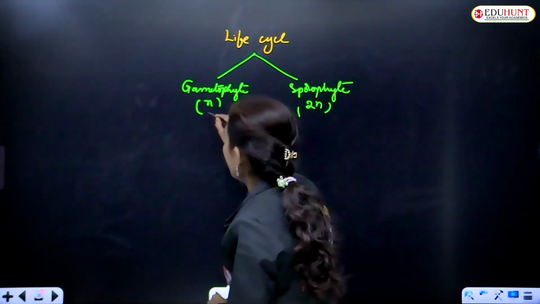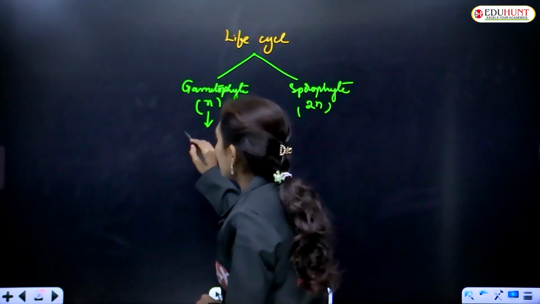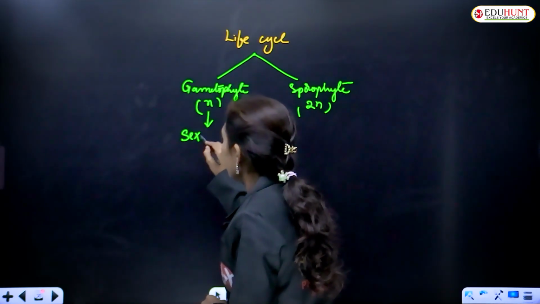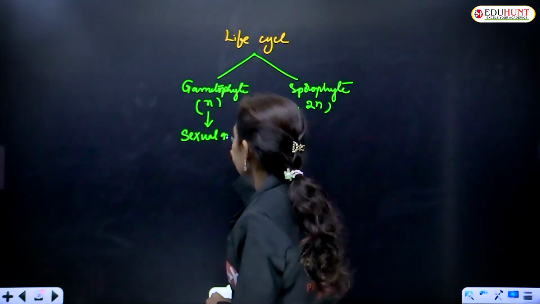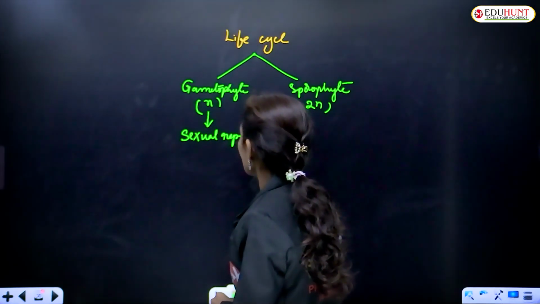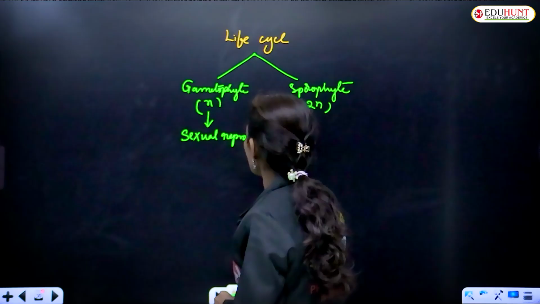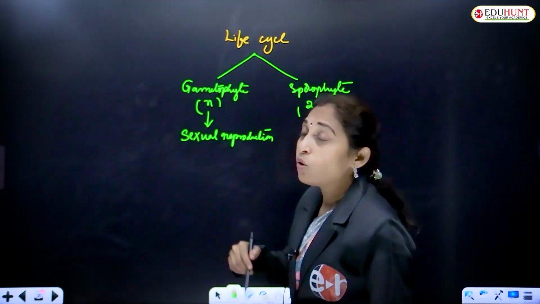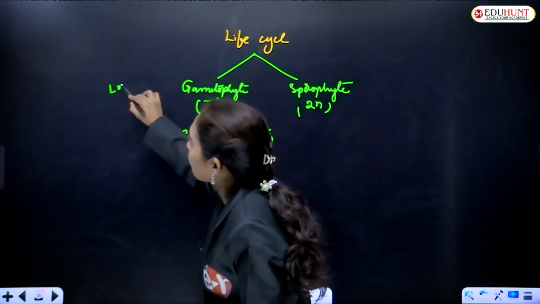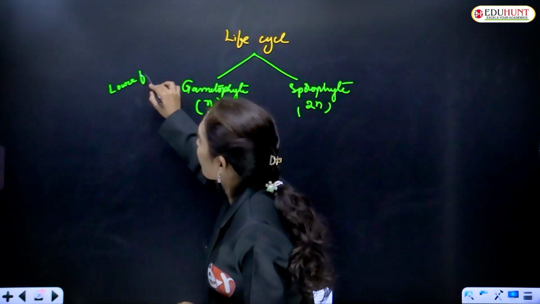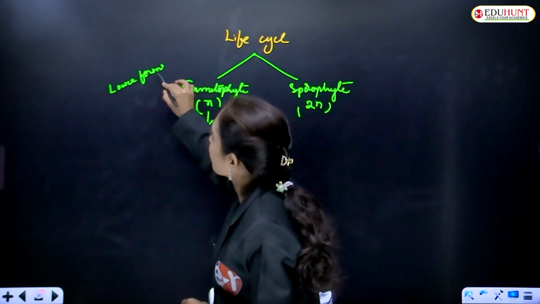Gametophyte undergoes sexual reproduction, in lower plant forms.